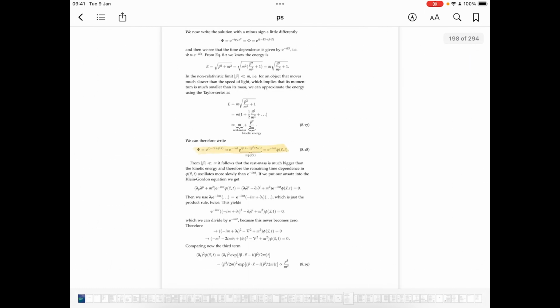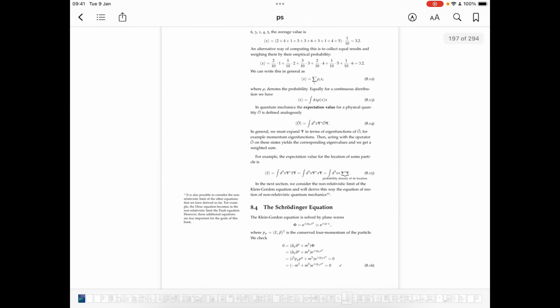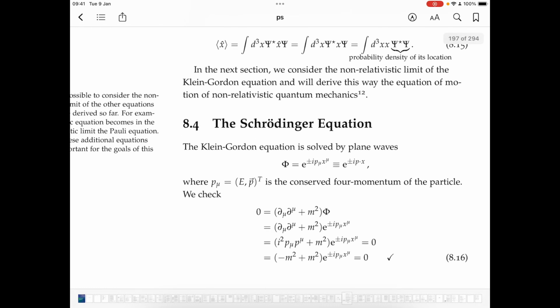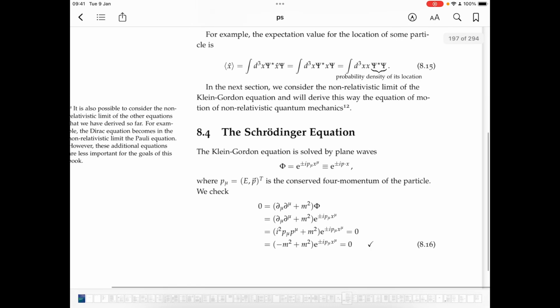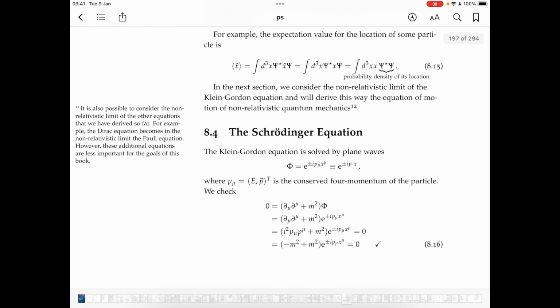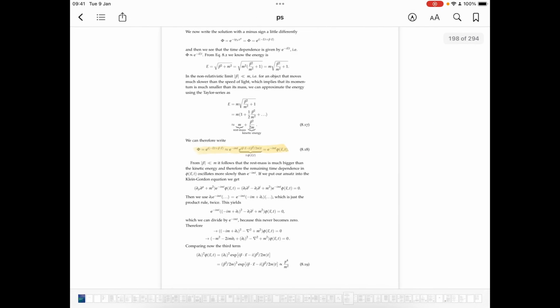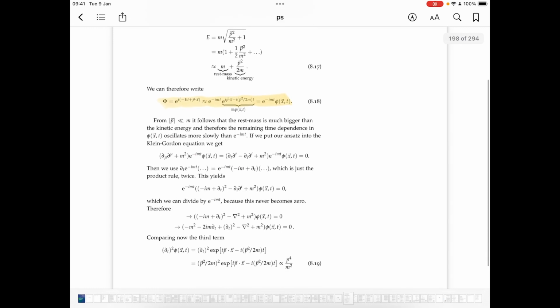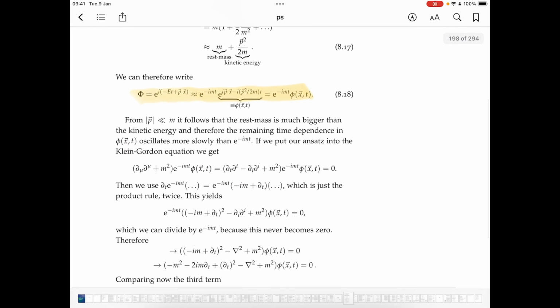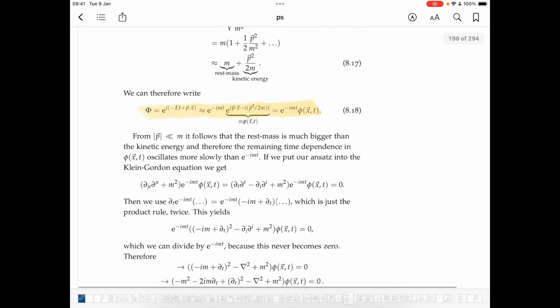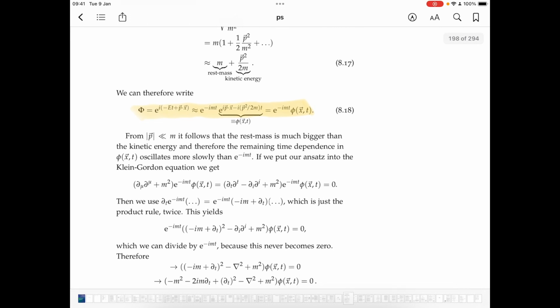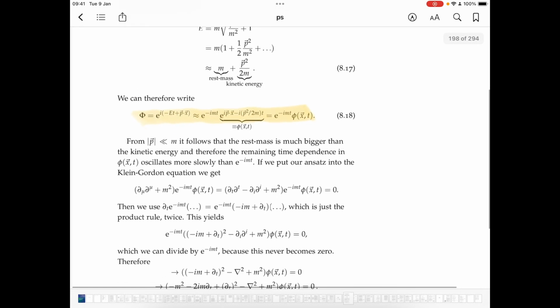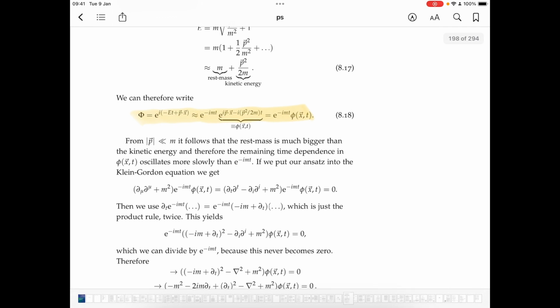Yeah, but for example, if you have just the Klein-Gordon equation, you have a scalar field here, right? That big phi. It's solved by plane waves. Okay, it's solved. But then what? And we get something like exponential to minus i (energy times t), and small phi is that exponential.